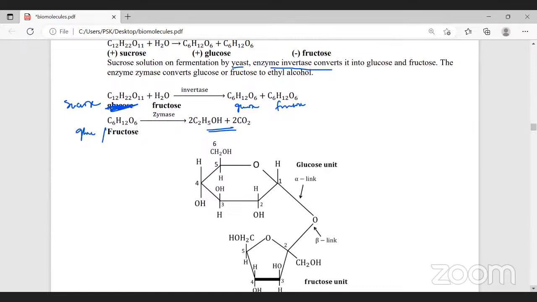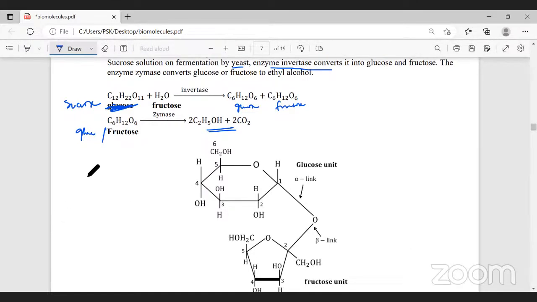Now, if you can remember the Haworth structure of glucose, alpha D plus glucose, I taught you to write a 6-membered ring. It's a glucopyranose ring. I told you to number the carbon atoms 1, 2, 3, 4, and 5.